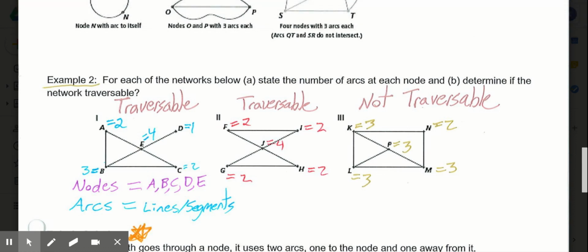And then in the third network, going in and counting our arcs at each node, K had 3, N had 2, M had 3, P had 3, L had 3. I have 1, 2, 3, 4 odd numbered nodes, so definitely more than 2 odd numbered nodes. The network is not traversable.